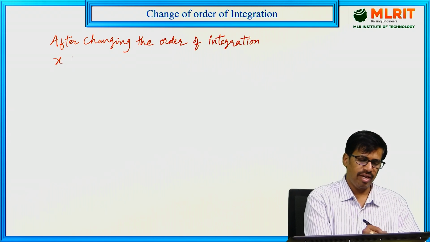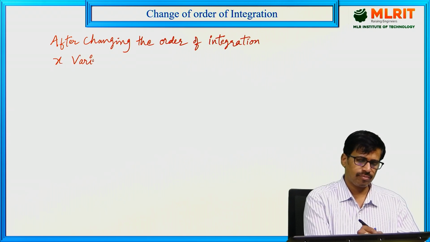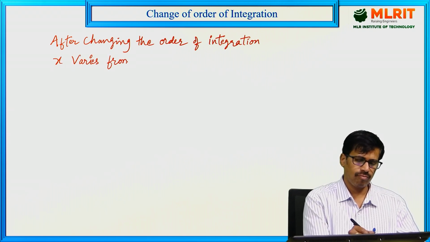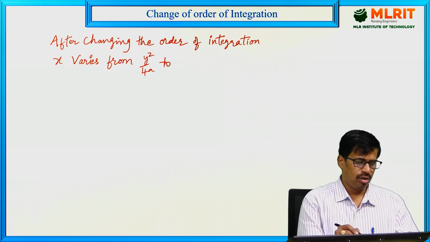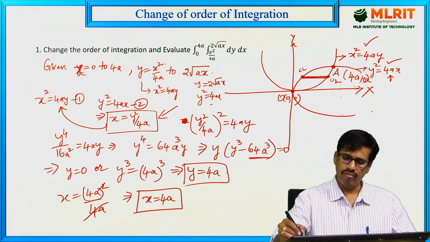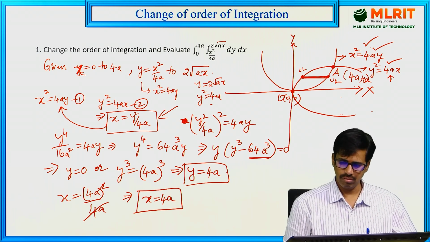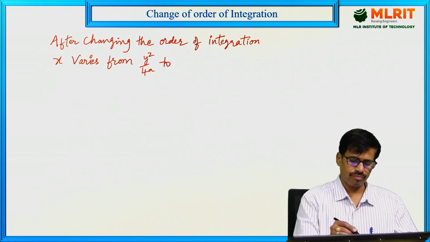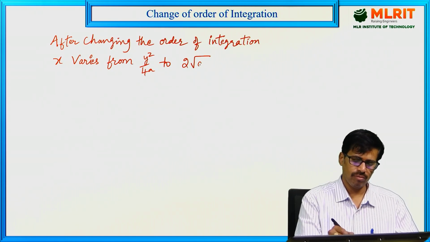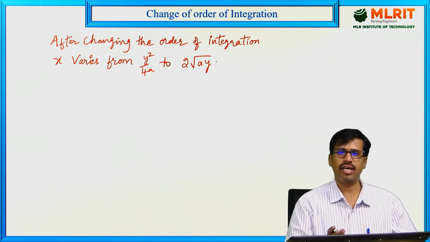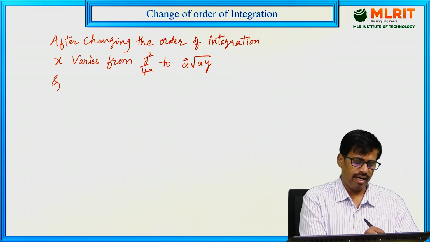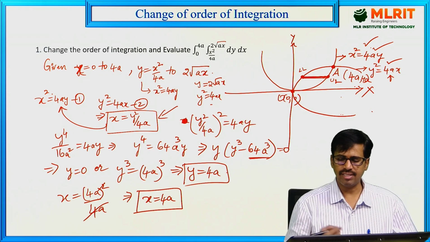So x varies from y square by 4a to, from this equation, x square equal to 4ay, what is x value? 2 root ay. So we have written x in terms of y, and we have to write y limits as constant.